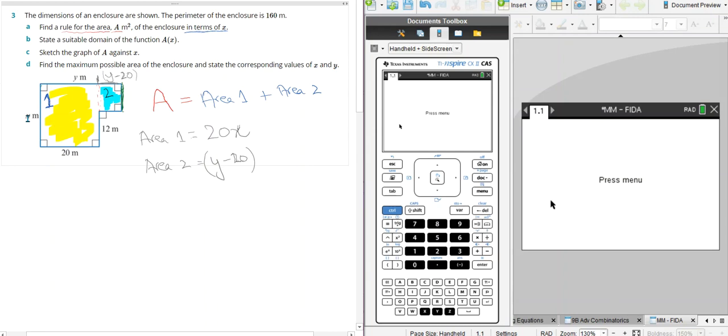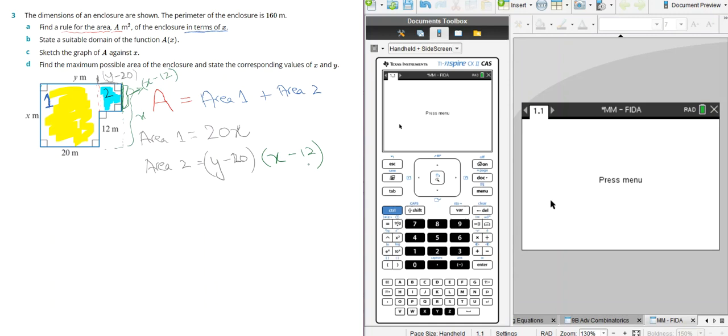So x minus 12. x is the whole thing from the bottom. If the shape continued up till here, this whole thing is x. So x minus 12 should give me what I'm after. Now that is my area number 2.